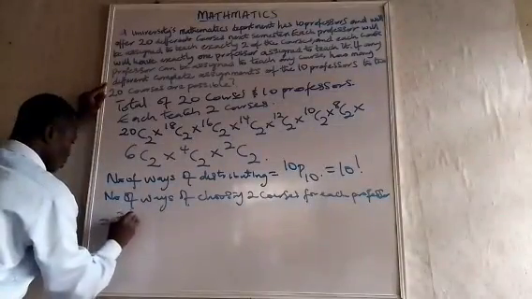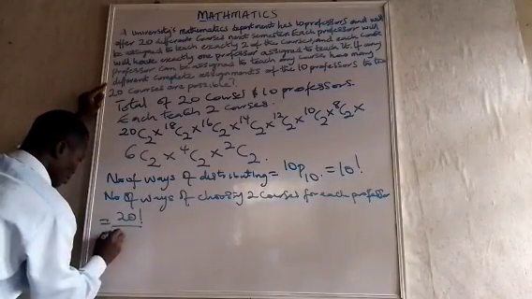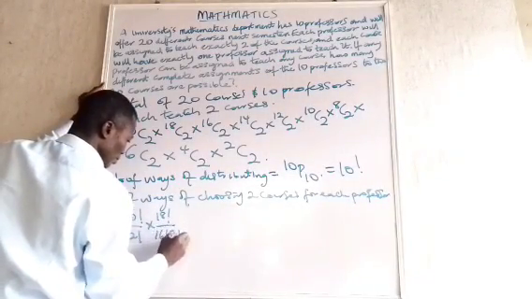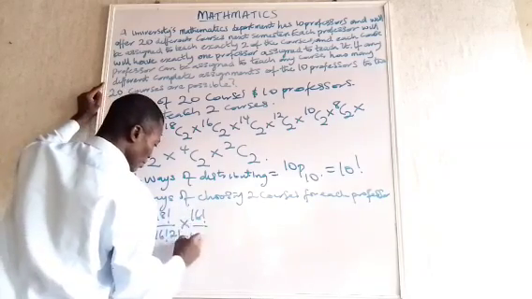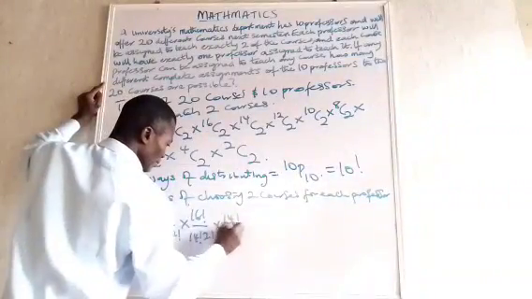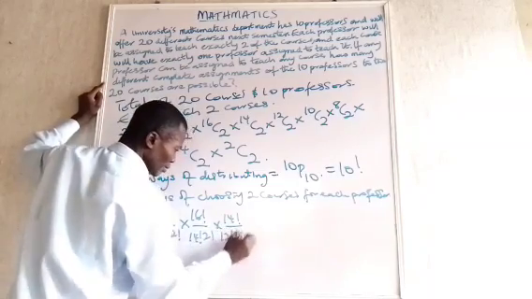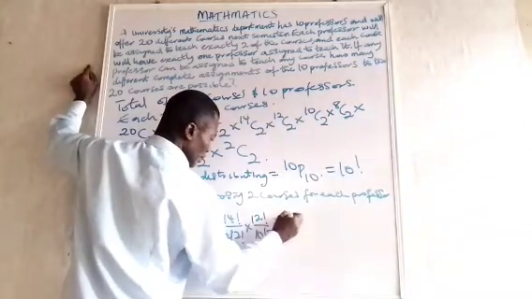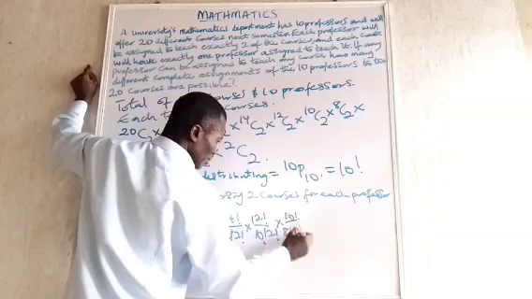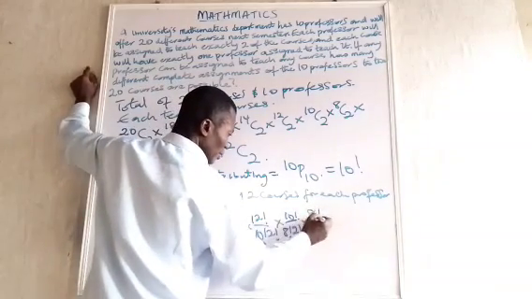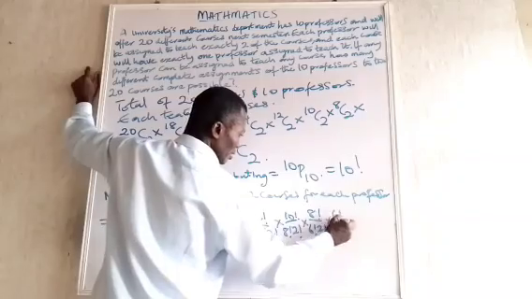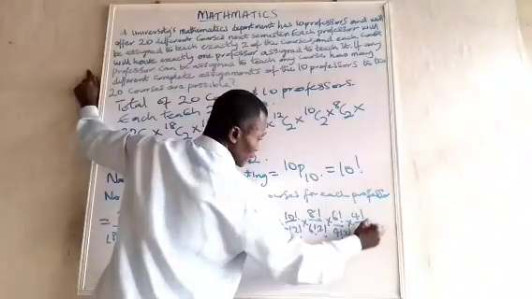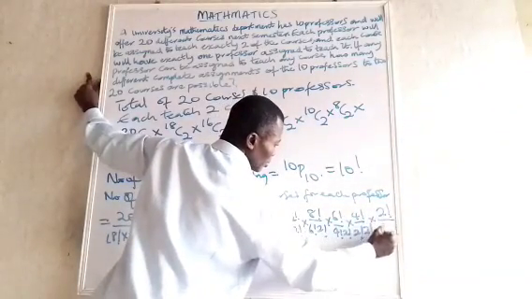So it's going to be 20 factorial over 18 factorial times 2 factorial, times 18 factorial over 16 factorial times 2 factorial, times 16 factorial over 14 factorial 2 factorial, times 14 factorial over 12 factorial 2 factorial, times 12 factorial over 10 factorial 2 factorial, times 10 factorial over 8 factorial 2 factorial, times 8 factorial over 6 factorial 2 factorial, times 6 factorial over 4 factorial 2 factorial, times 4 factorial over 2 factorial 2 factorial, times 2 factorial over 2 factorial 0 factorial.